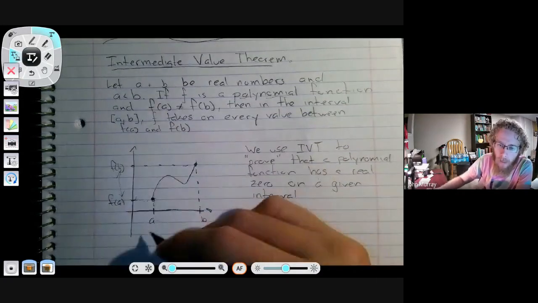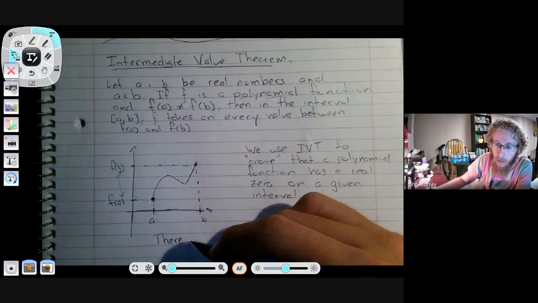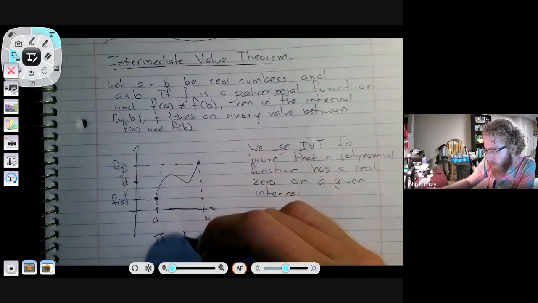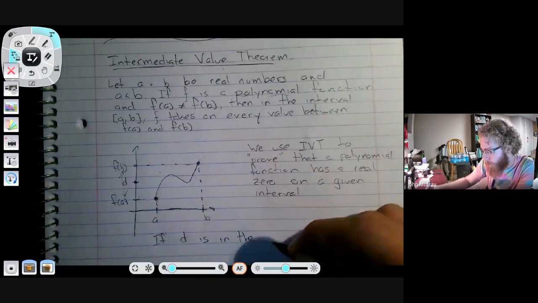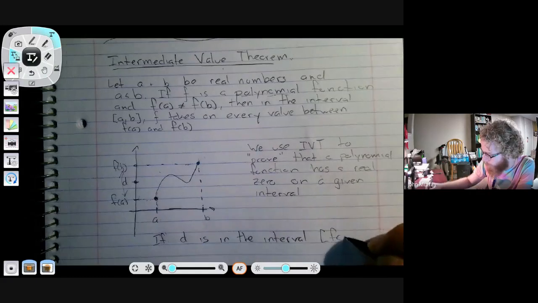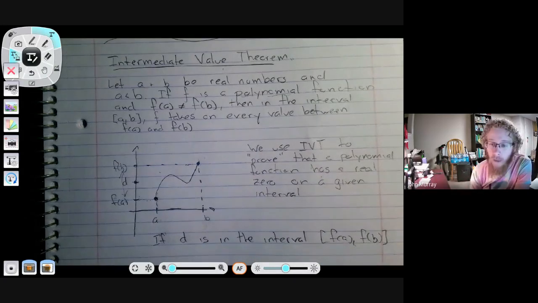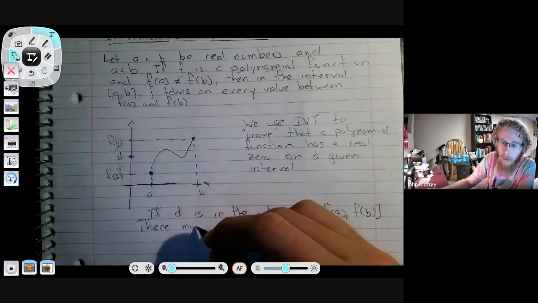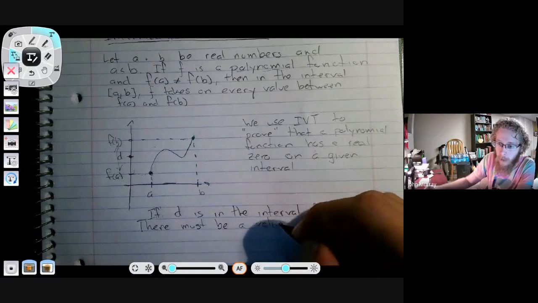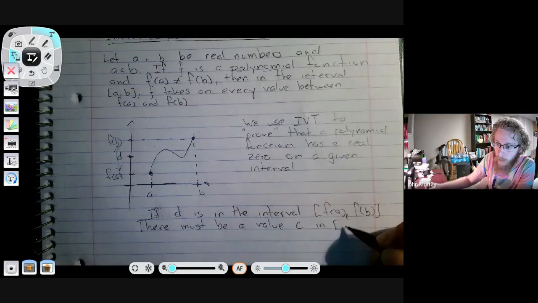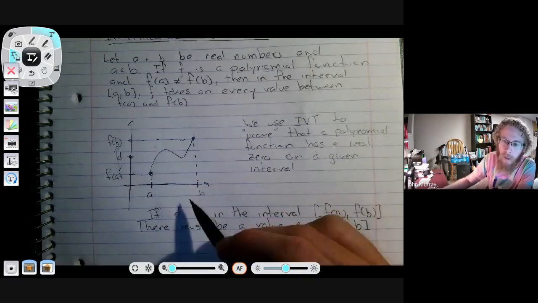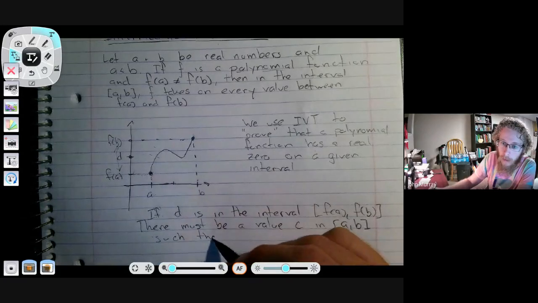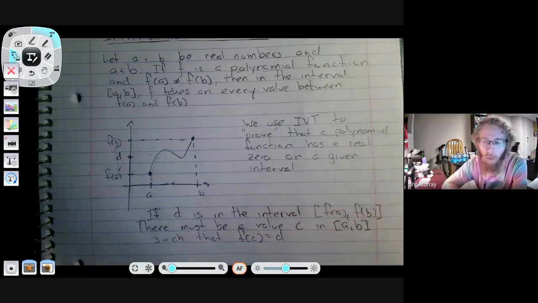More specifically, this says that if there's some value d, so if d is in the interval between f of a and f of b, then there has to be a value c such that when you plug it in, you get d.